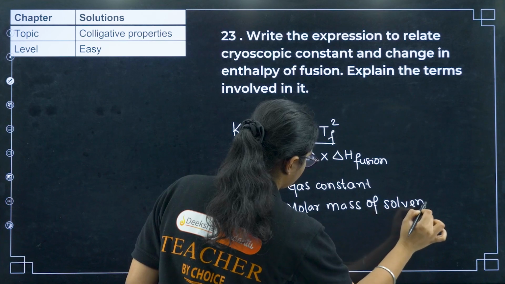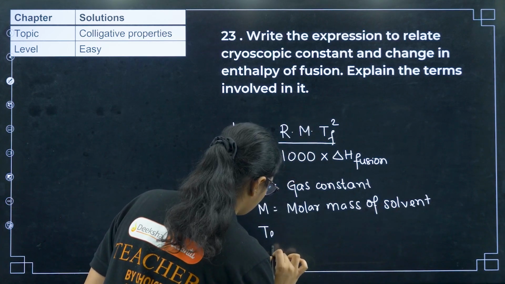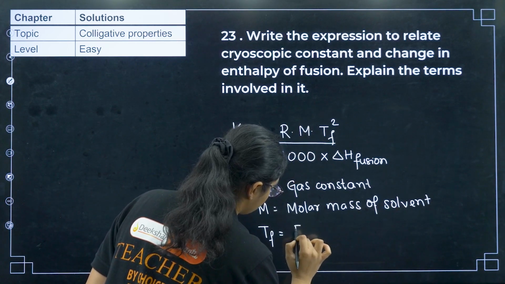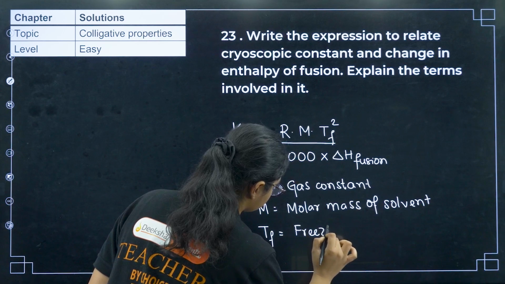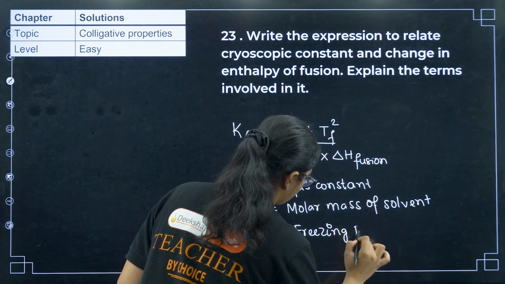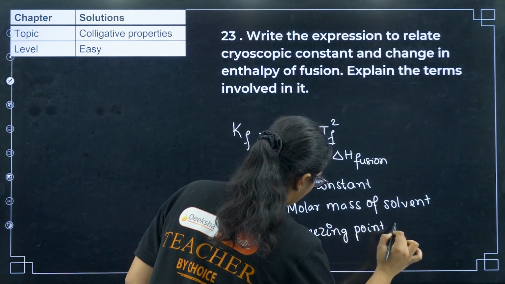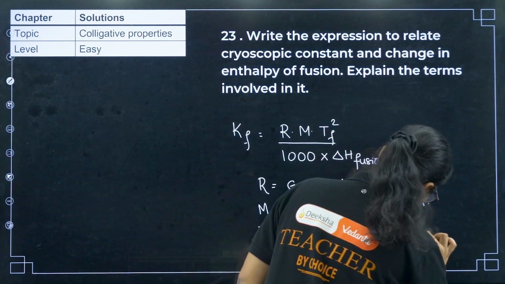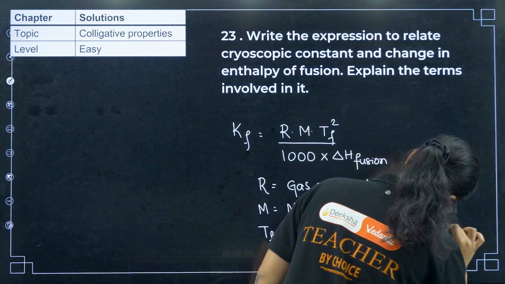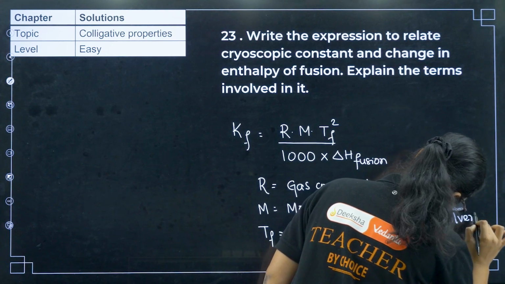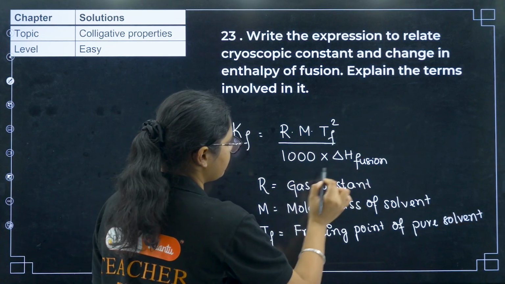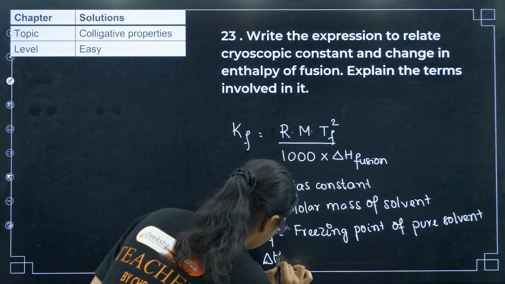Okay, then we have Tf. Tf is the freezing point of pure solvent. Okay, then we have delta H fusion.